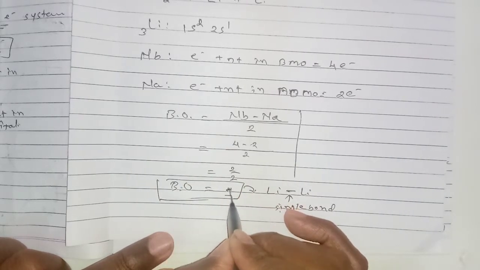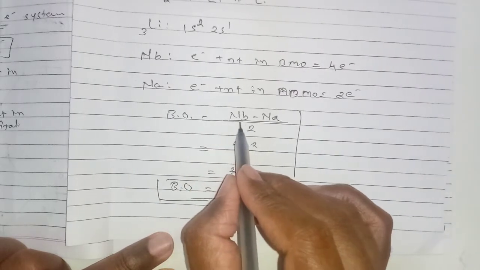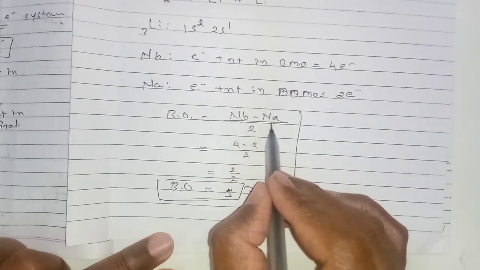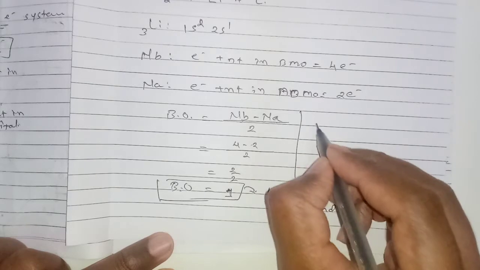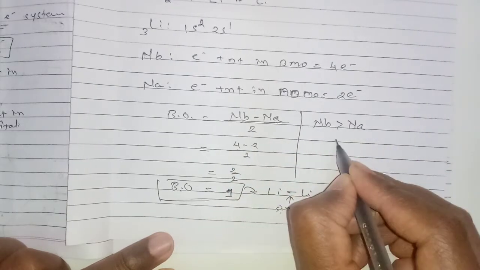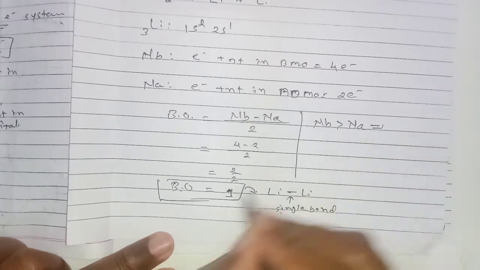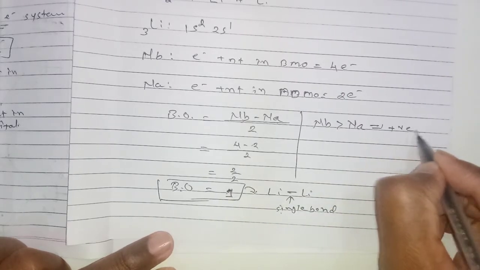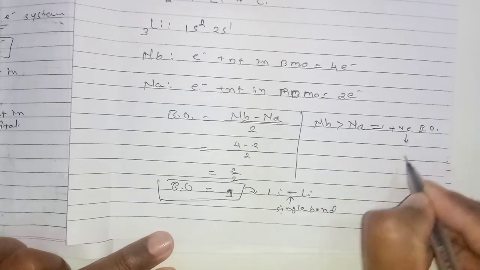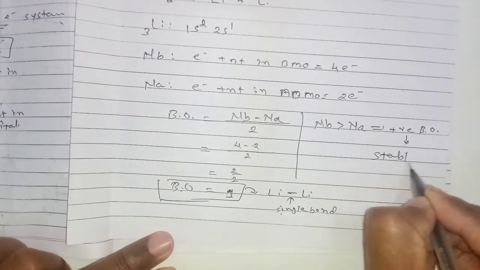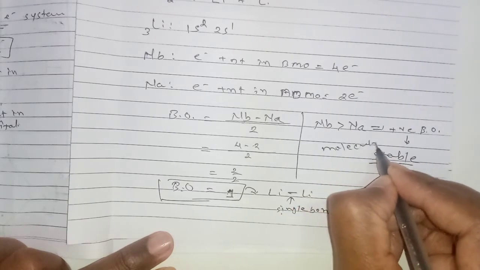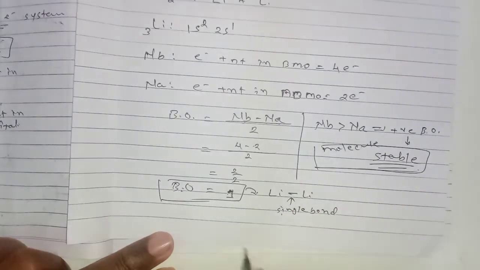This depends upon the number of electrons present in the bonding orbitals and antibonding molecular orbitals. Here Nb is greater than Na, that means we get a positive bond order, and then the molecule is stable.